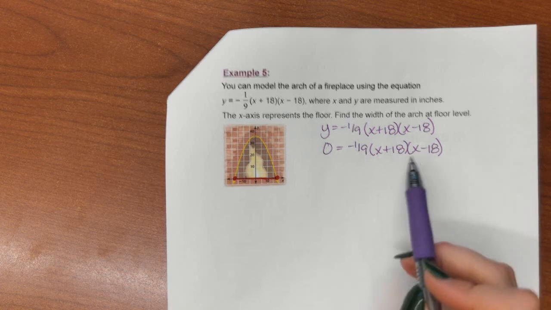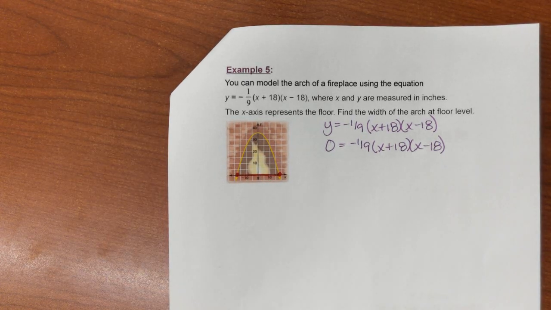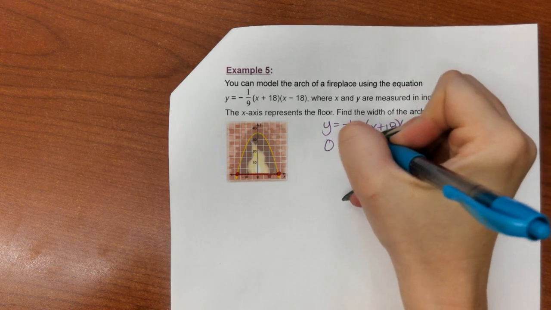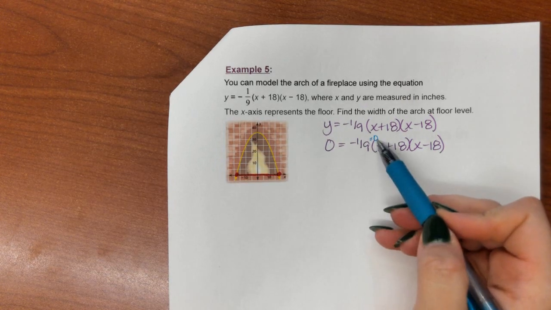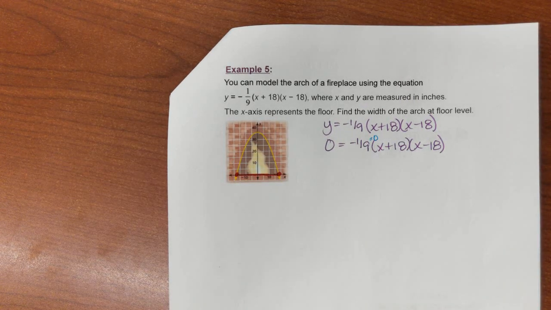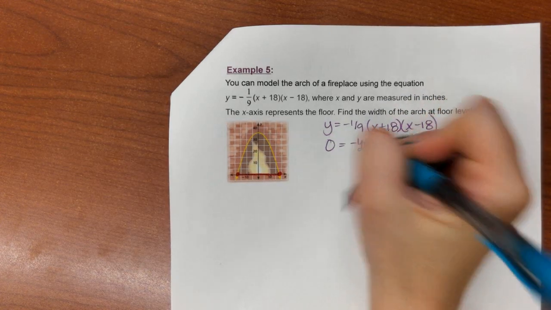Step 2 is factor. That's already done for us. Good news there. Step 3 is solve. So I want to set my pieces equal to 0. Well, if I have negative 1/9 equals 0, does that make any sense? No, because negative 1/9 isn't 0, so it can't equal 0. Like, what if we had the number 2 here?